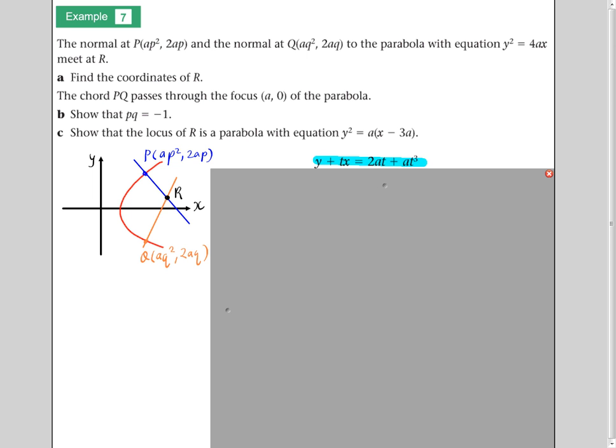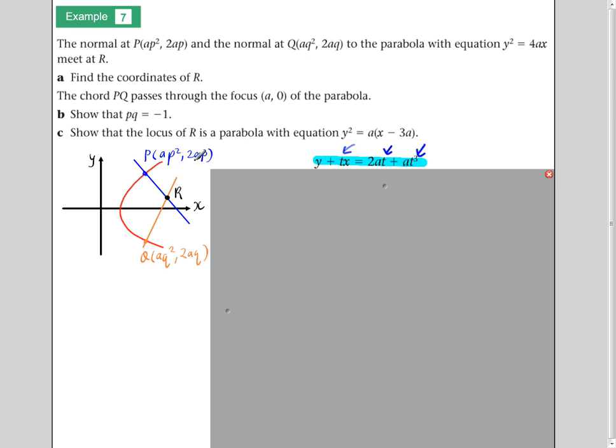We start by saying that the normal equation at any point of the parabola has this form, where t is the parameter and a is there.